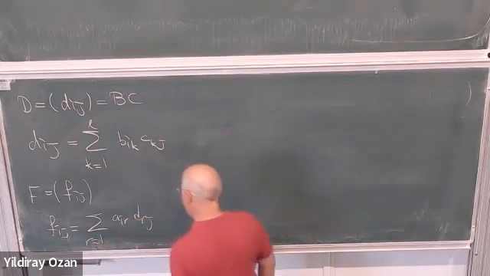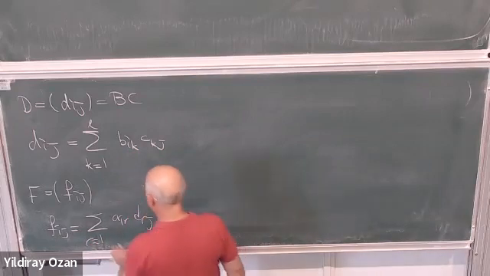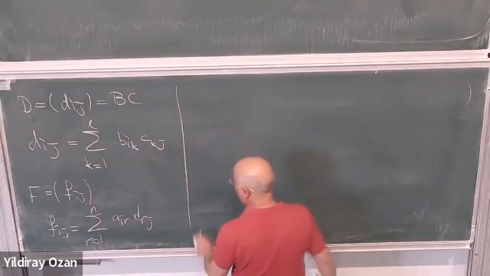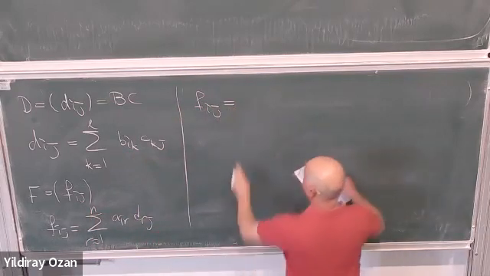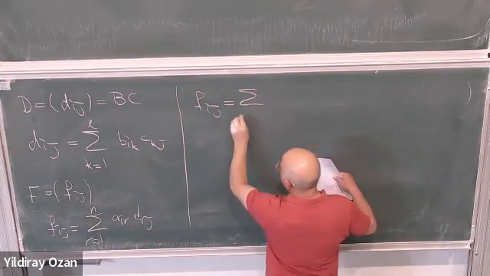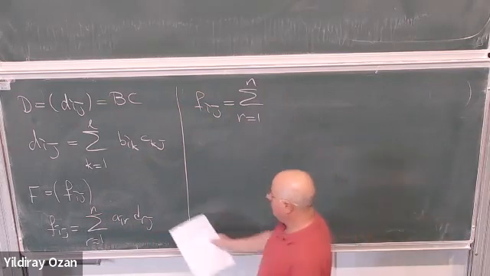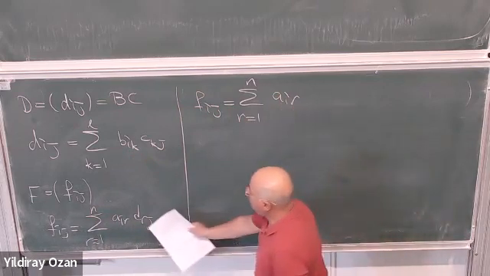From 1 to N, right? So Fij is, let me rewrite this, the sum from 1 to N of Air Drj.